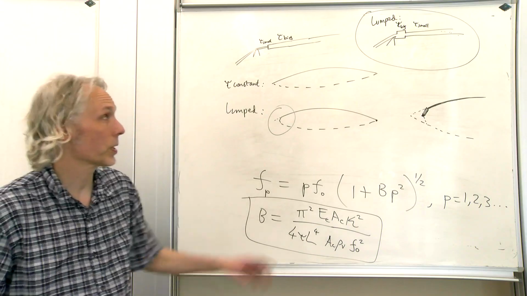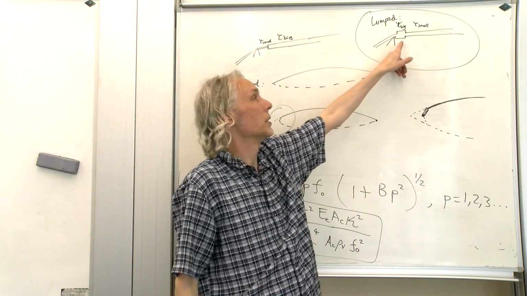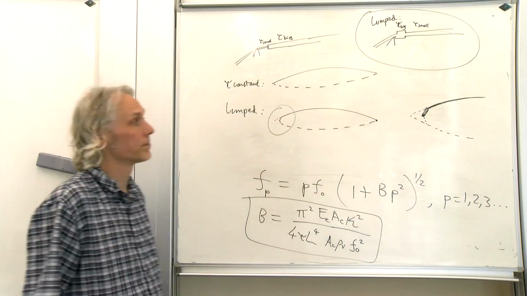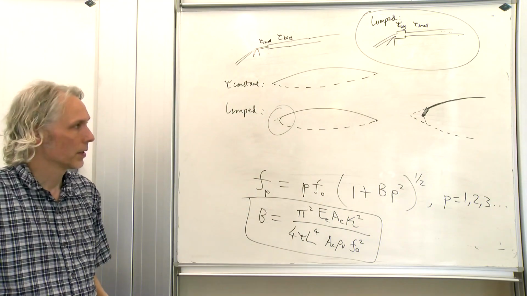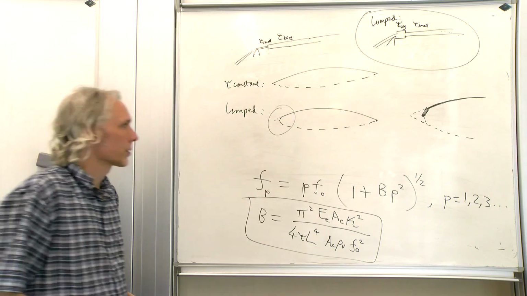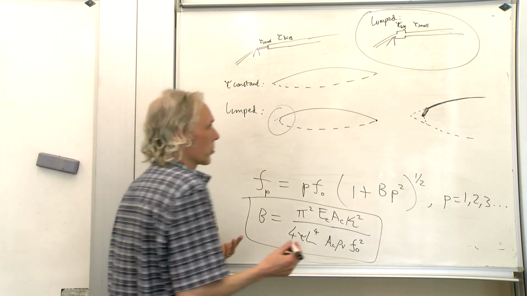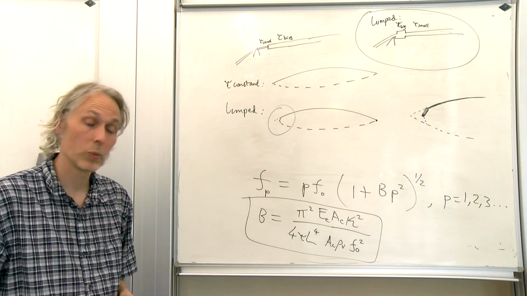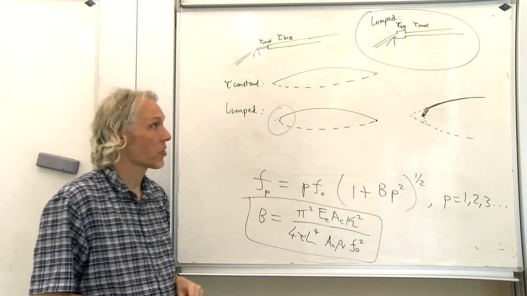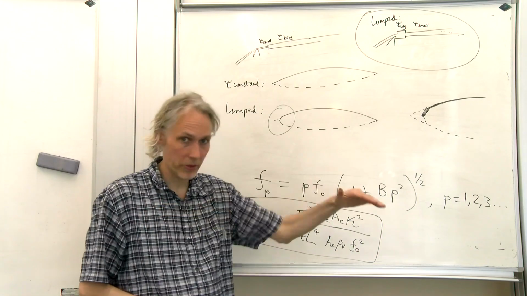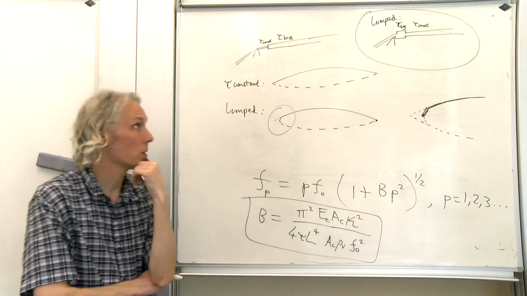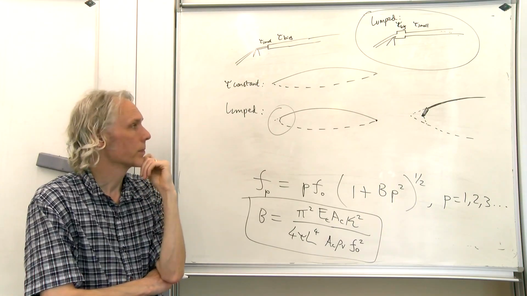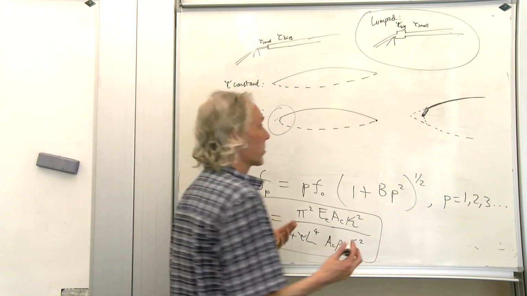Okay, so we found a way: by adding a mass near the end of the string, you're making the string flatter. So this makes n equals 1 have a longer wavelength than it should if it was the same mass per unit length all the way along. Okay, so that's what happens for n equals 1.